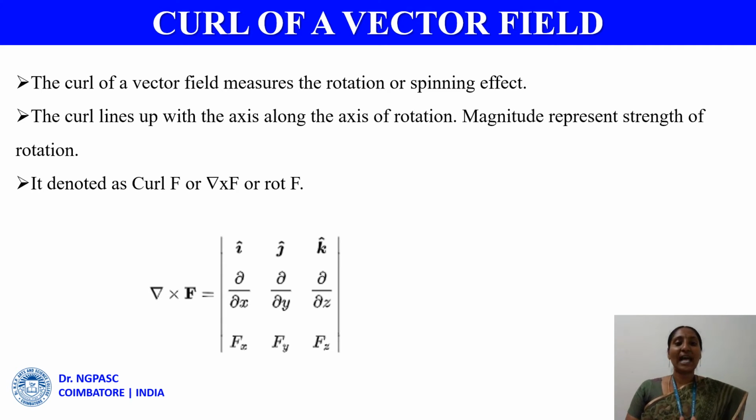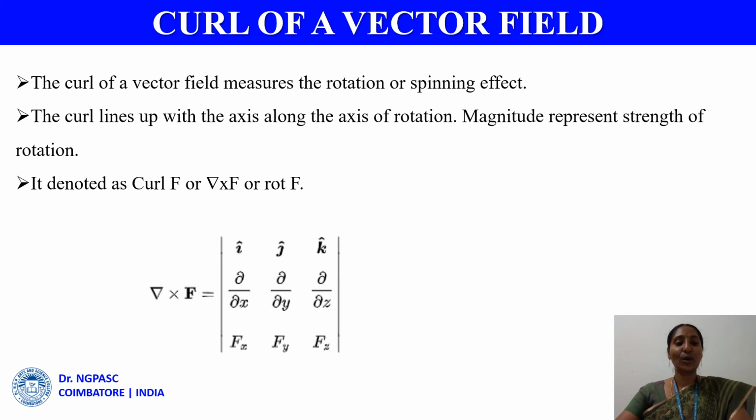The curl line gives the axis of rotation, and its magnitude represents the strength of the rotation. It can be determined using the right hand rule. A vector field whose curl is 0 we call an irrotational field.